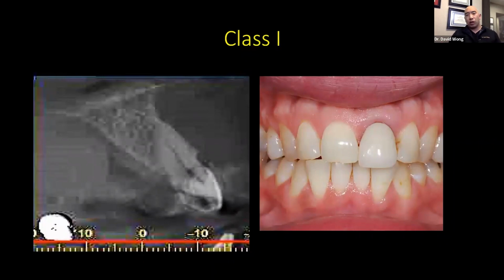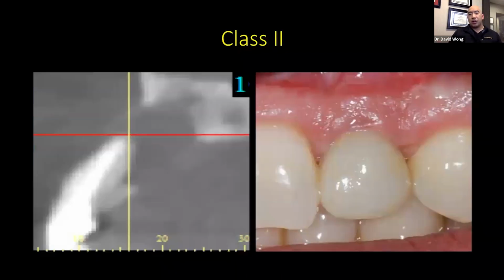So a class 1 here, this is my friend actually, whose dad's a dentist. Soft tissue looks great. It's perfect, pink, healthy, et cetera, et cetera. And on the CBCT, you can see that he has a facial plate. So in that situation, we went ahead and did an implant. That's a no-brainer. This is a class 2.